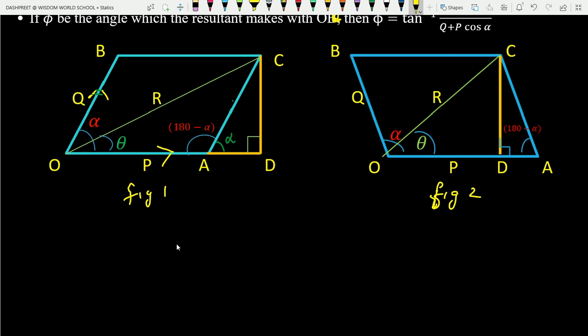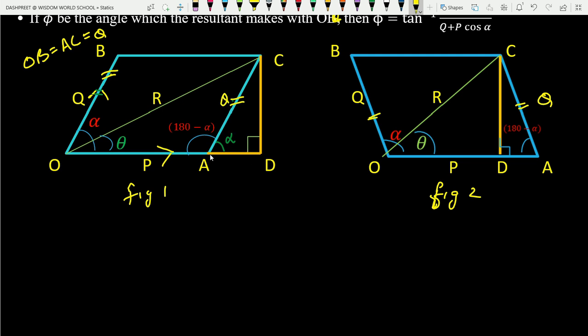Here length OB is equal to length AC, which is equal to Q, in both the cases.